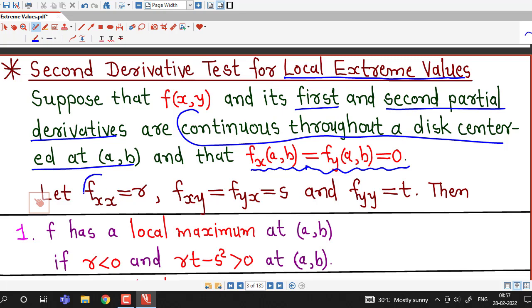And we have considered this notation. We will remember r is the second order derivative with respect to x, s denotes the mixed partial derivative, t is the second order partial derivative with respect to y.